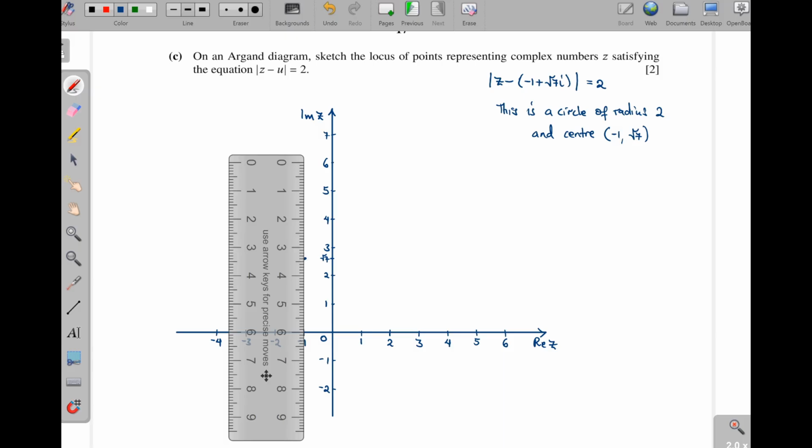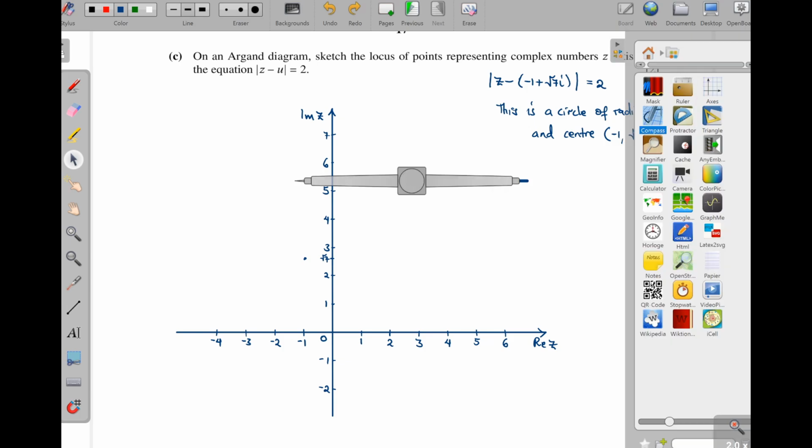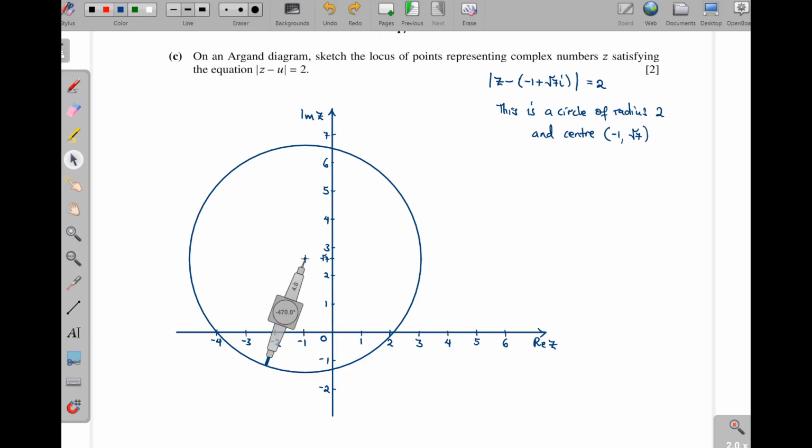Then you get your compass, you measure 2 units, you stretch your compass on the ruler, and then you measure 2 units, okay? But my compass here cannot go up to 2 centimeters, so I can put it at 4. That one is 4.0. Then I put it here, and then I will draw this.